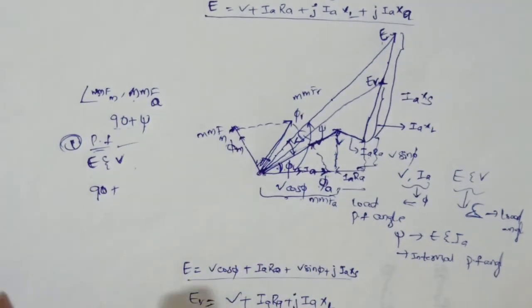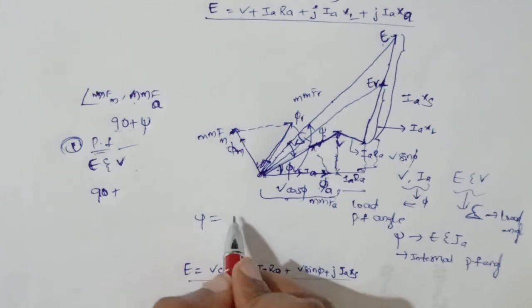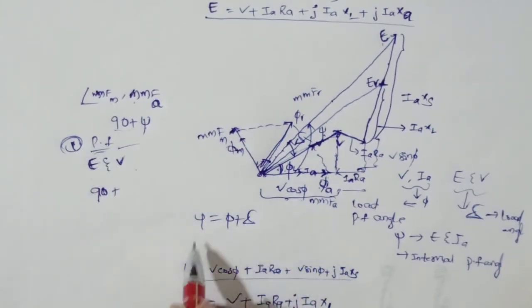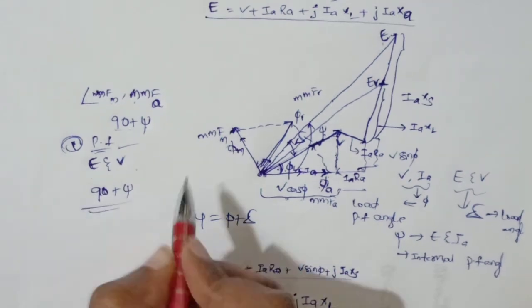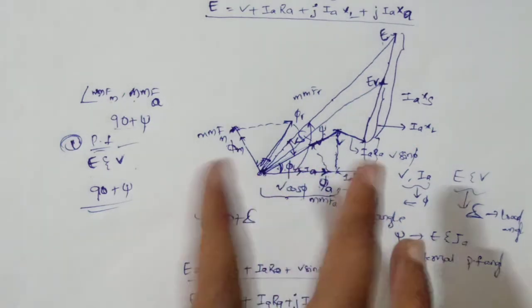In the lagging case, psi is equal to phi plus delta, so I add both angles. This is how we can make questions based on this diagram.